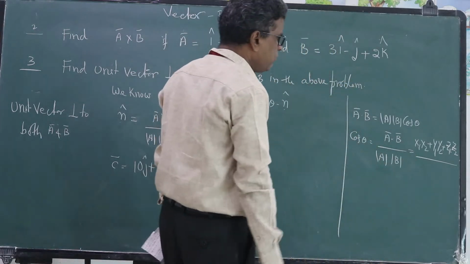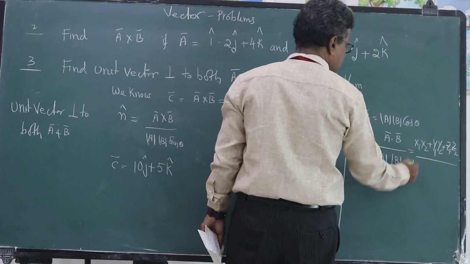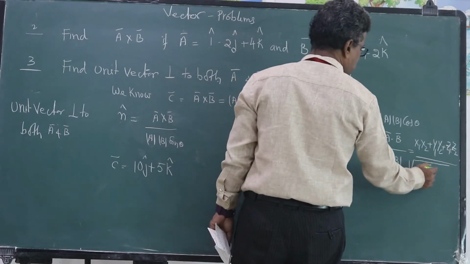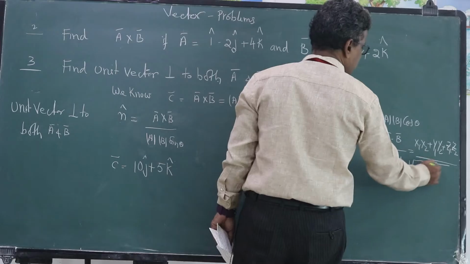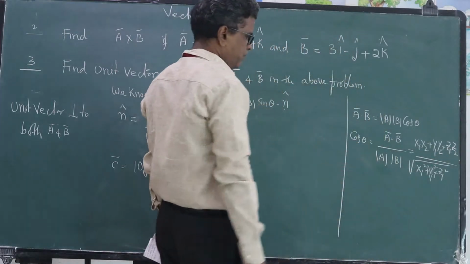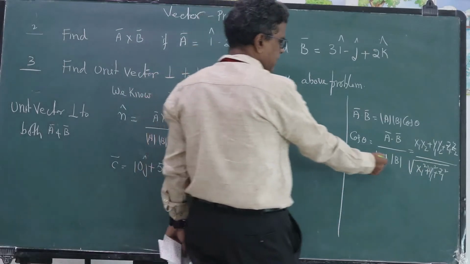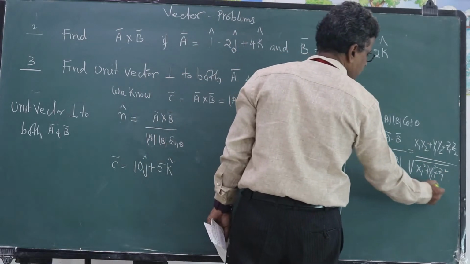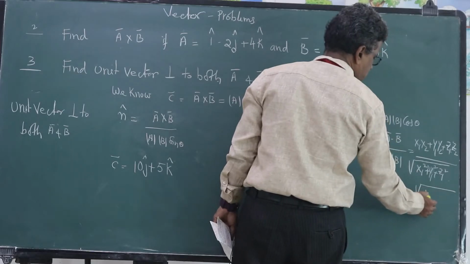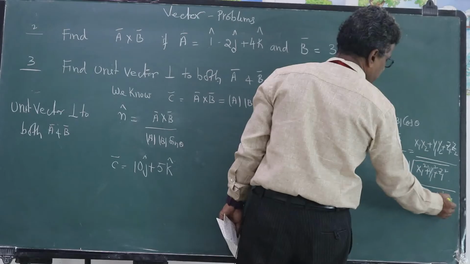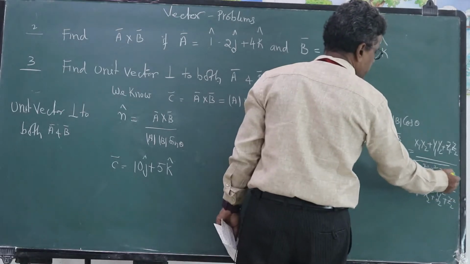Square root of x1 square plus y1 square plus z1 square. Similarly, mod B is square root of x2 square plus y2 square plus z2 square.